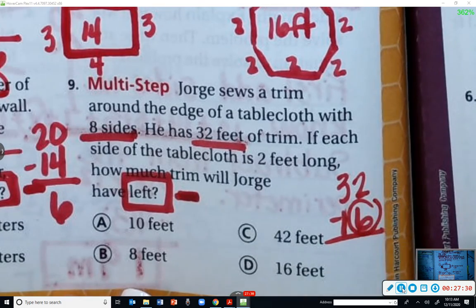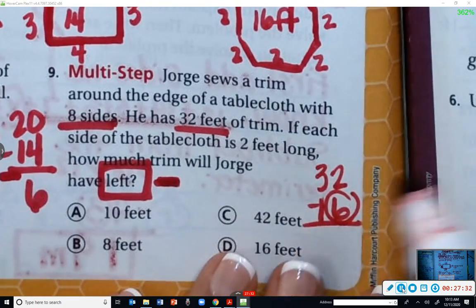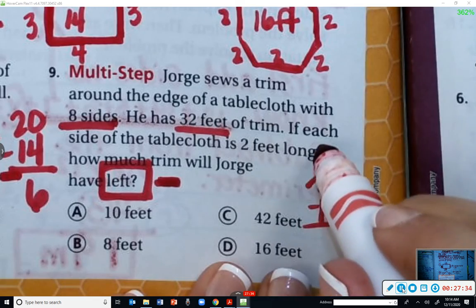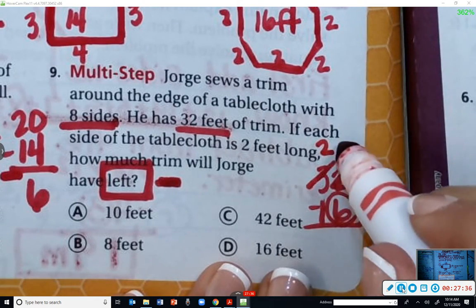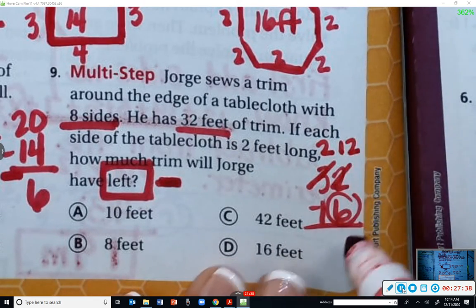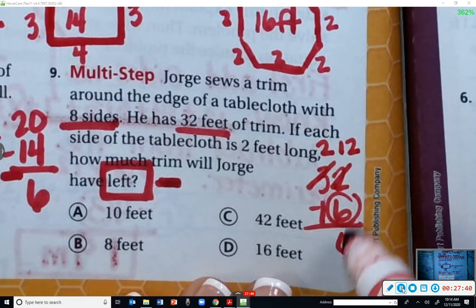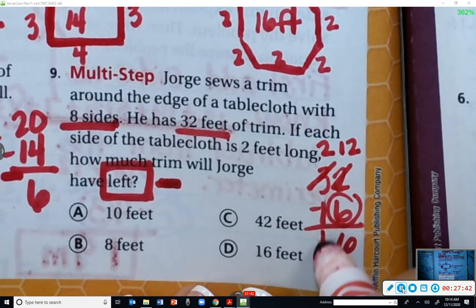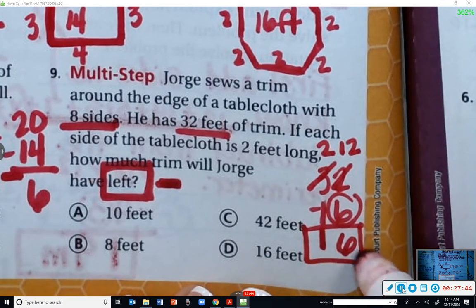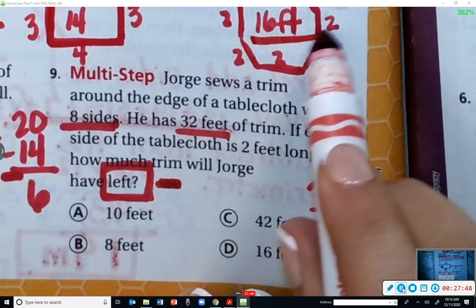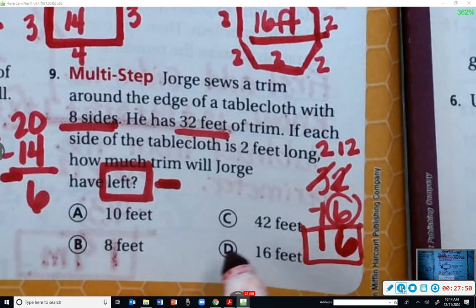It's bigger on bottom, so I need to do what? Borrow. 3 becomes 2. 2 becomes 12. 12 minus 6 is 6. 2 minus 1 is 1. 16. Okay? So even if we would have stopped at the first step, we still would have got it right, because they're both 16.